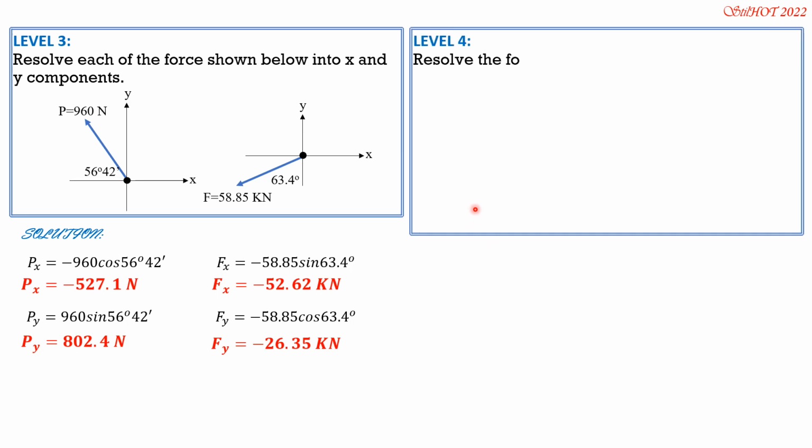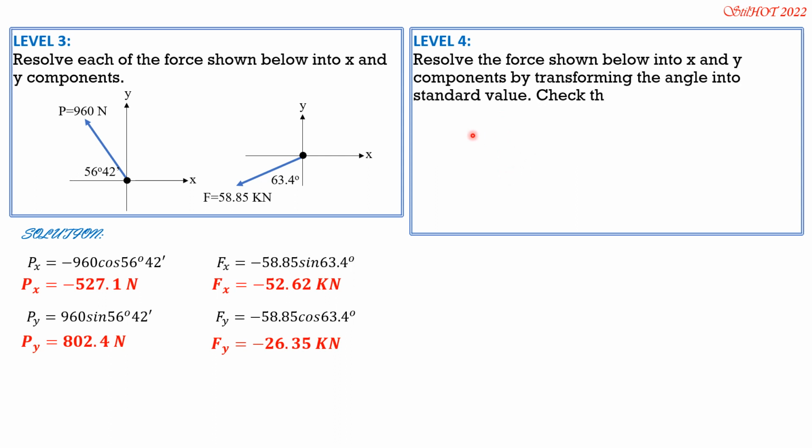Level 4 problem. Resolve the force shown below into x and y components by transforming the angle into standard value. Check the components using the reference angle. So another technique, the one that we will not think anymore of the sign, the automatic, but we have to determine the standard angle value.